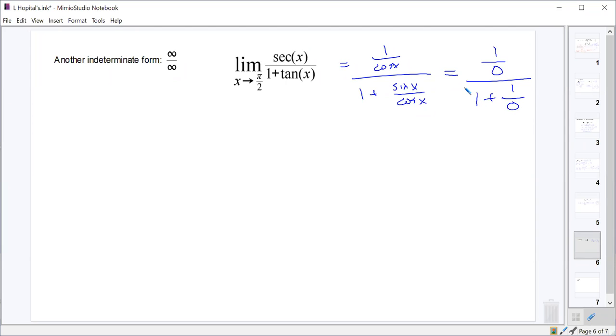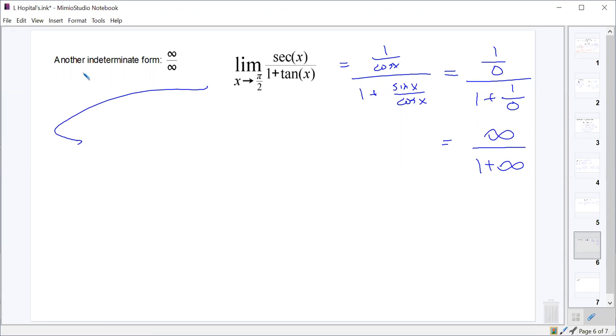And really, we're not actually getting to 0 here because we're just getting very close to pi over 2, which means this 0 is really just a very, very small decimal. And so if I take 1 and divide it by a very small decimal, we get infinity, don't we? And same here, 1 plus infinity is just infinity. And so we can say that this is indeterminate of the form infinity over infinity.